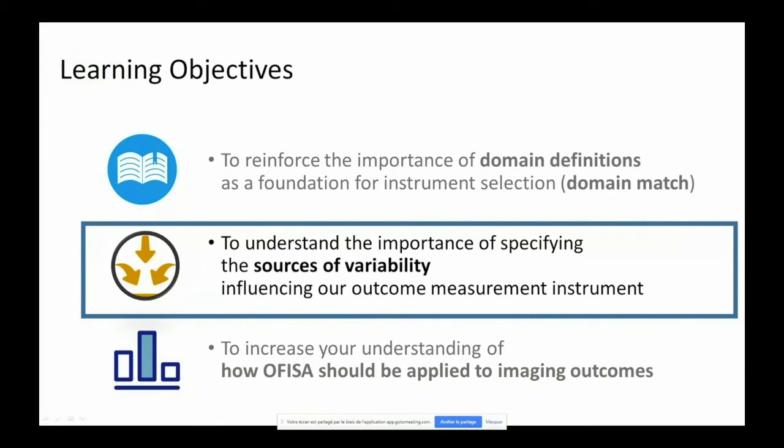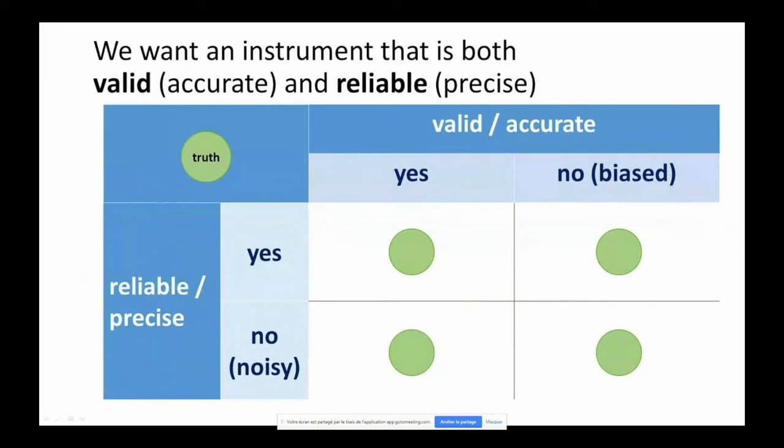Perfect. Okay, so once we have defined what we want to measure by using the boxes, and we have defined the level of detail of the domain for applying the best outcome measurement instruments, we have to understand also, we would like to show the importance of specifying the sources of variability which may influence the outcome measurement instrument.